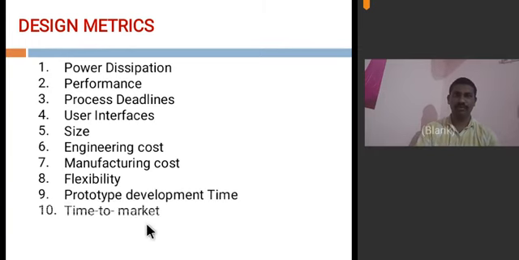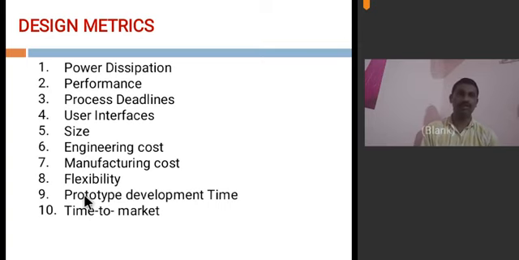Next, time to market. Time to market means the time taken in days or months after prototype development. After prototype development is completed, how much time it takes to bring your product into the market, such that the product is available for users.